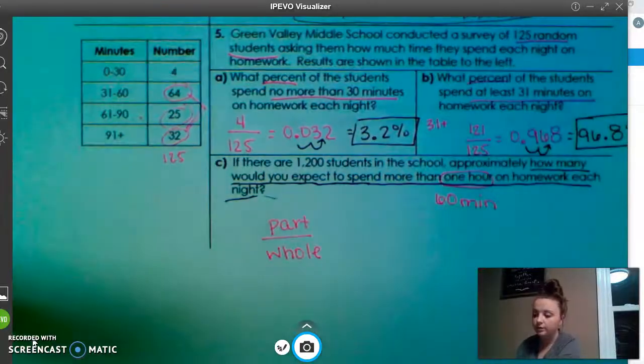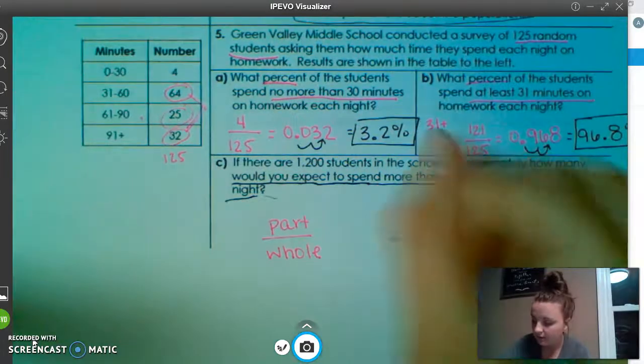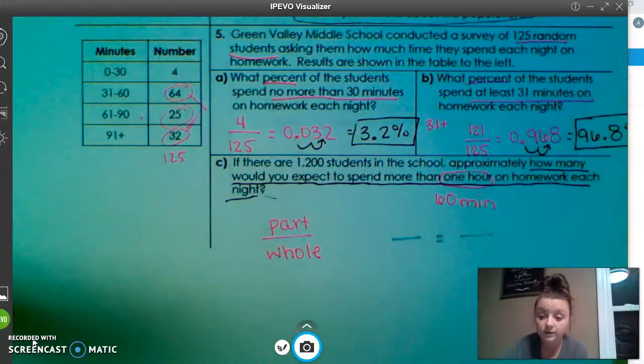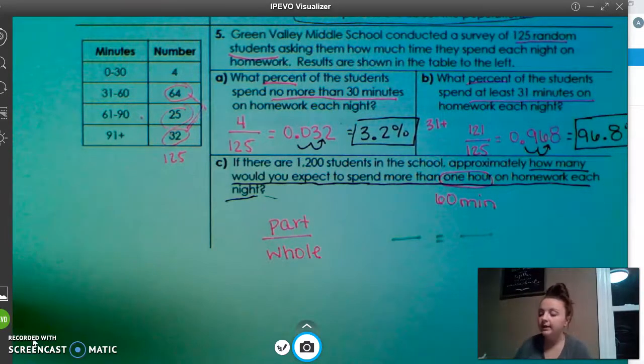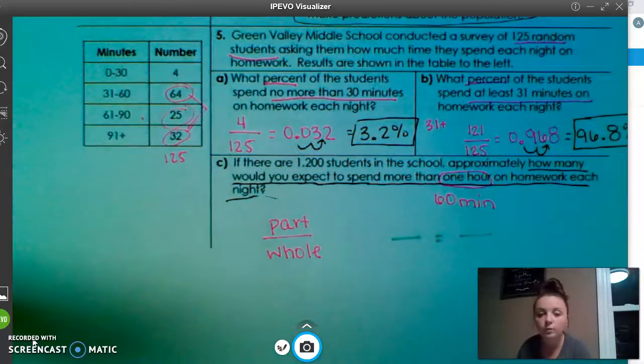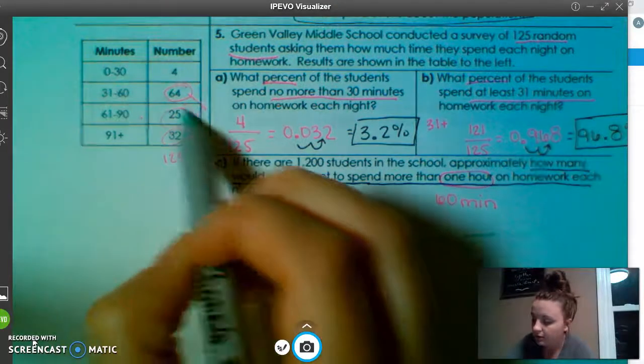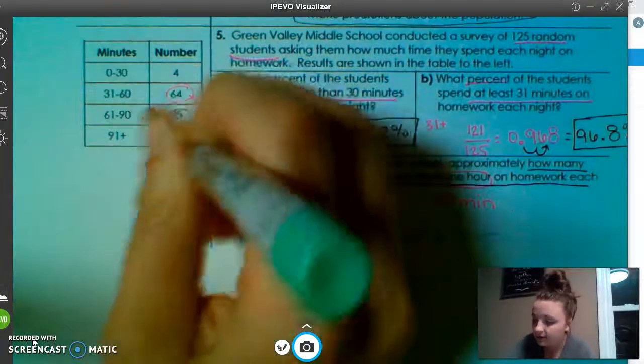So remember, proportions look like this: something over something equals something over something. That's a proportion, right? So you take the original fraction. Let's look at our sample. We're looking at students who spend more than 60 minutes. These two groups spend more than 60 minutes right there.